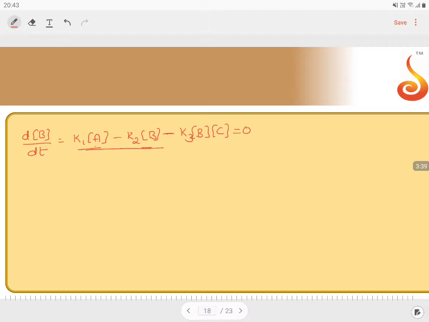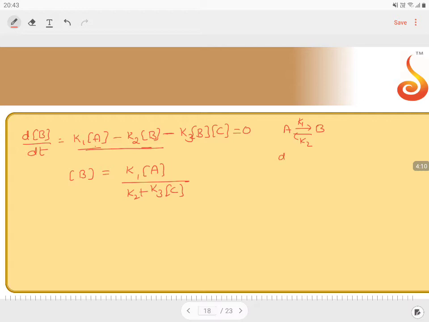When you solve this, we get the concentration of B equal to K1 into concentration of A by K2 plus K3 into concentration of C. Children, a very important point here: many times students get confused. A gives B, this is K1, this is K2.